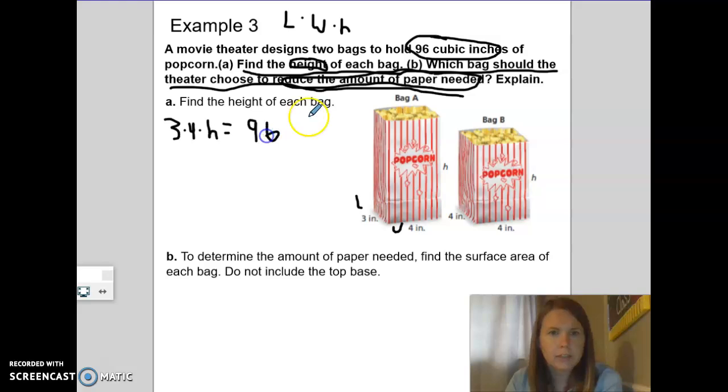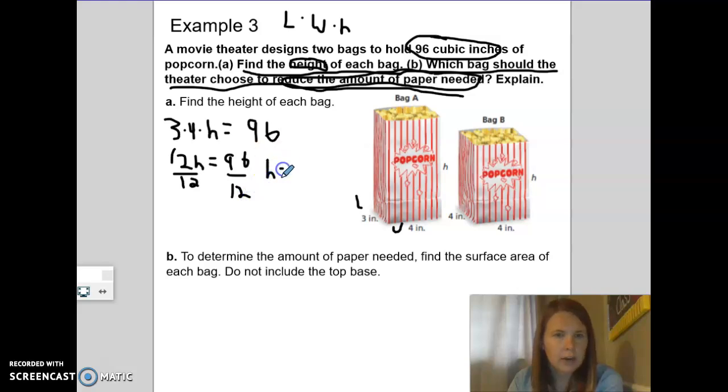We're just going to solve this like any other algebraic equation by using our inverse operations. First off, I want to multiply the 3 and the 4 together. 3 times 4 is 12, so I'd have 12h equals 96. Then I need to divide each side by 12 to figure out what h is.